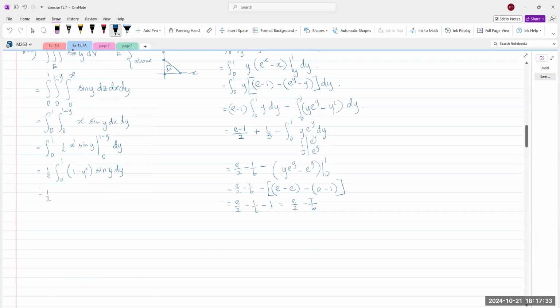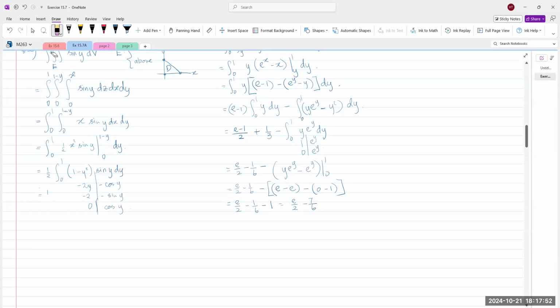So there will be 1/2, the derivative -2y, the derivative -2, and then 0. So integral sine y, negative cosine y, negative sine y, cosine y. Oh wow.